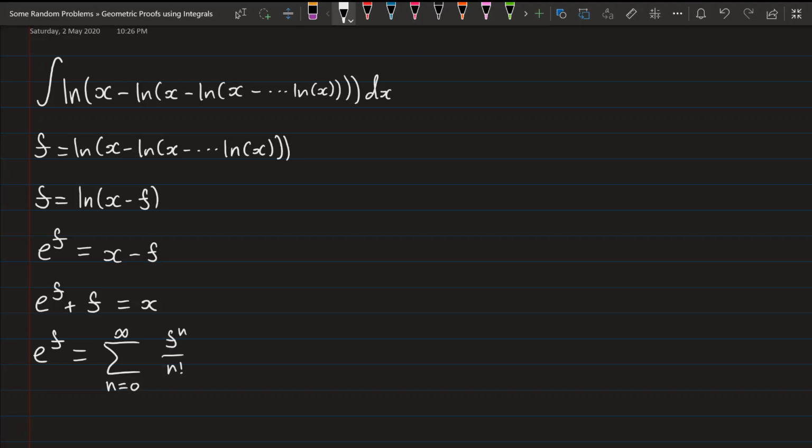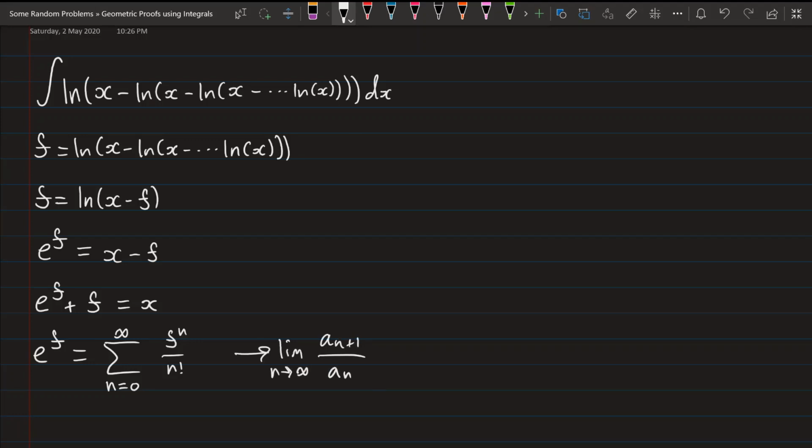And we can prove that this indeed converges by looking at the ratio test, which is a_(n+1) over a_n, and we take the limit as n tends to infinity.